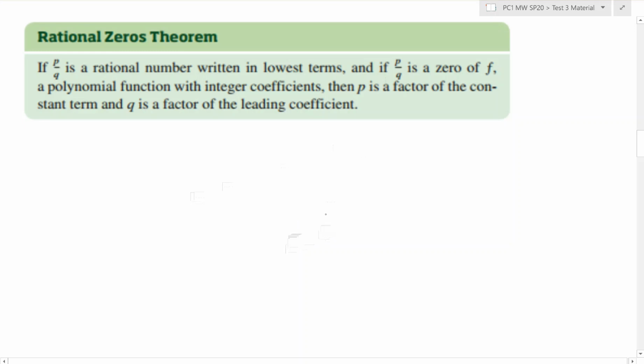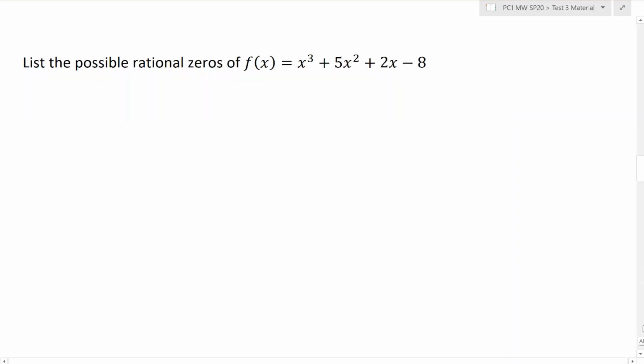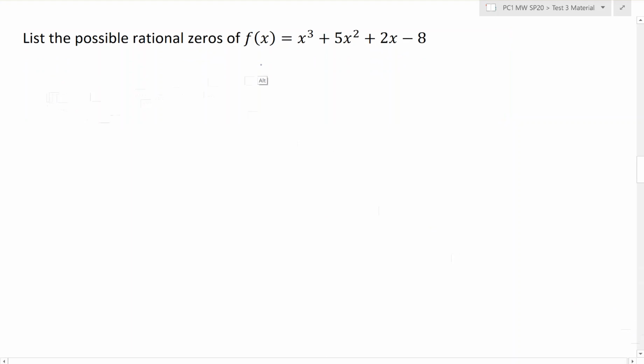In other words, any of the possibilities of zeros that you would want to even try come in the form of P over Q, where P is a factor of the constant and Q is a factor of the leading coefficient. So just to demonstrate this, this is my P, this is my Q right here, and my possible rational zeros come from all the factors of P divided by all the factors of Q.